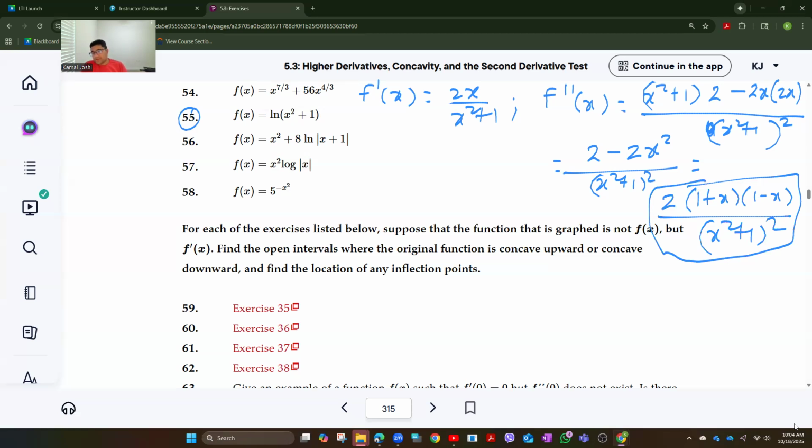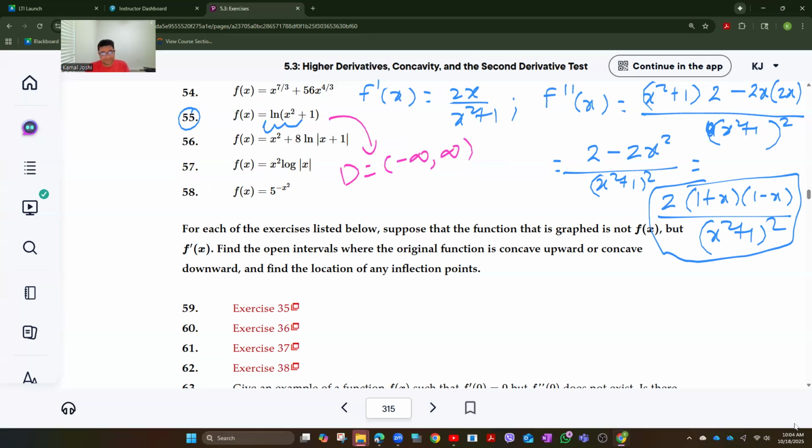And what we find here, the denominator is never 0, so the second derivative not existing will not happen. One more thing I want to tell you, even though there is ln here, going back to the original function, the domain is still minus infinity to infinity.